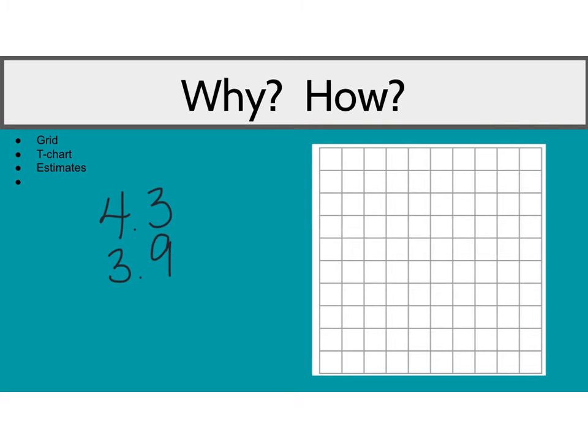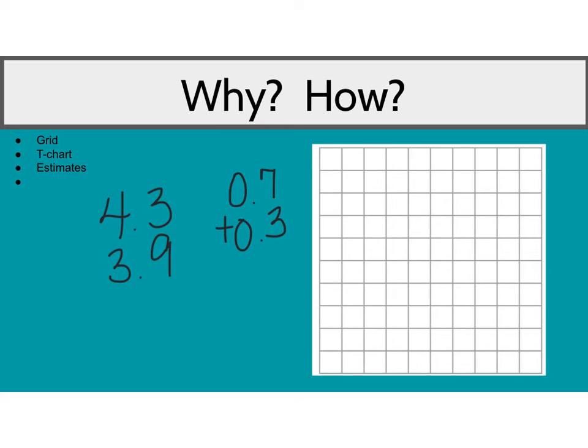Now, looking at that grid, I am not going to be able to represent that on a hundreds grid, am I? So if I had something like 0 and 7/10 plus 0 and 3/10, I could represent that on the grid.